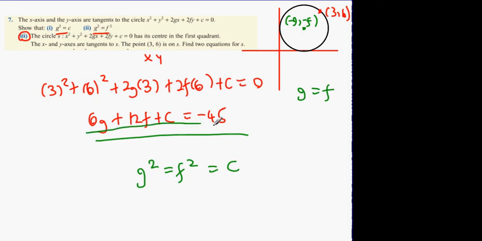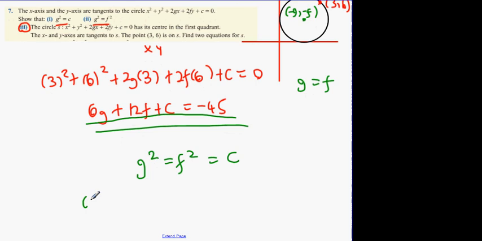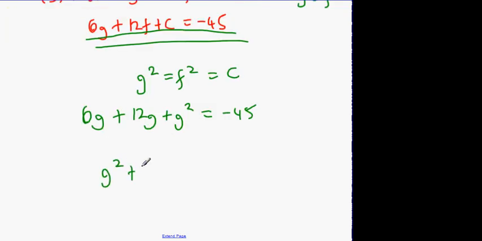Now, looking at this equation, I can replace f with g to get 12g, and replace c with g squared, and that with minus 45. Then I get g squared plus 18g plus 45 equals 0.